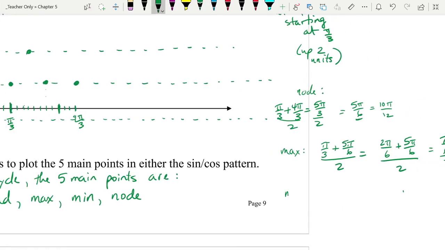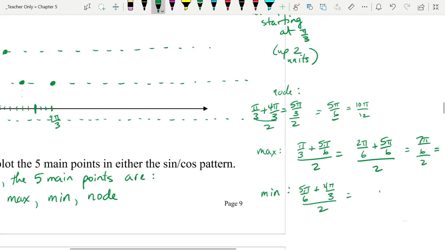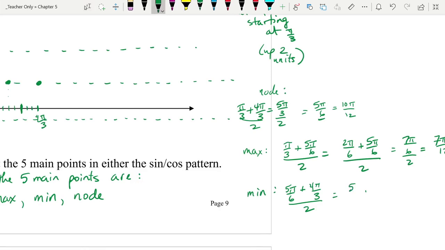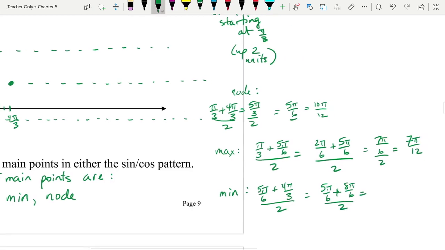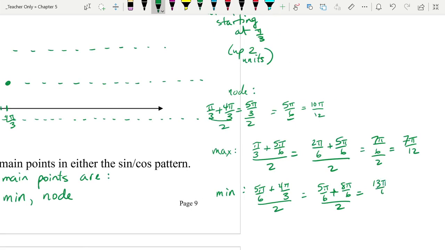Where should my minimum be? Well, my minimum should be halfway between the 5 pi by 6 and the end point, which was 4 pi by 3. So that's going to be 5 pi by 6 plus 8 pi by 6 divided by 2, which is 13 pi by 6 divided by 2, which is 13 pi by 12.